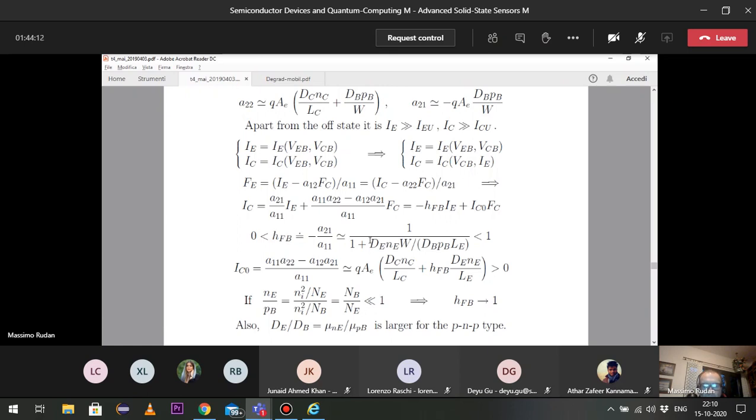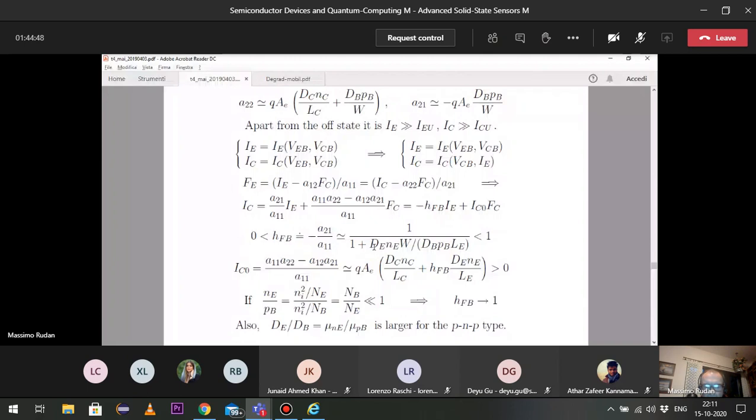So what we want is to have the majority of the particles that are injected from the emitter exit from the other side, from the collector. And this is achieved if the gain HFB is very close to 1. So in order to make it very close to 1, what we have to do is to make the quantity in the denominator of HFB as small as possible.